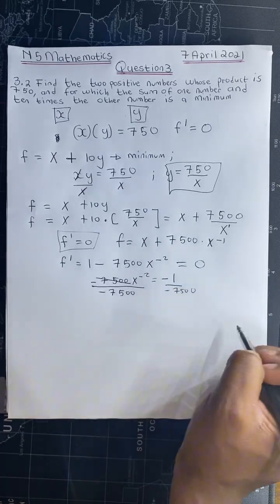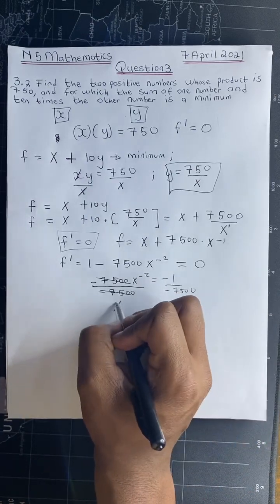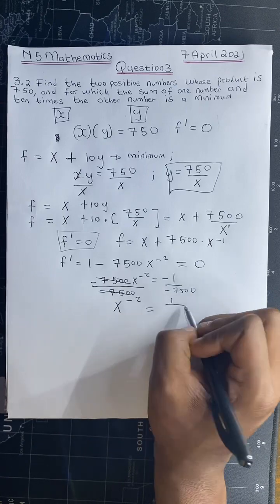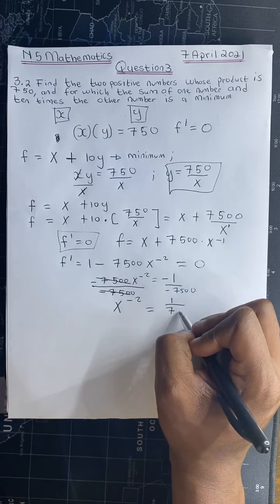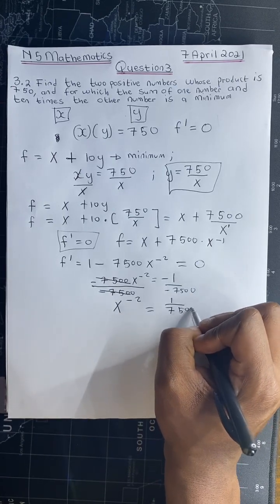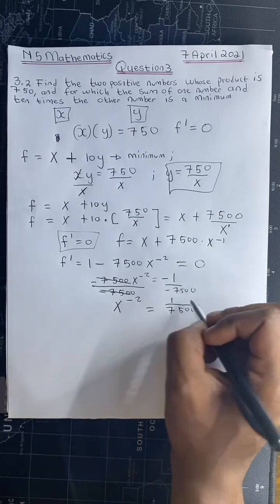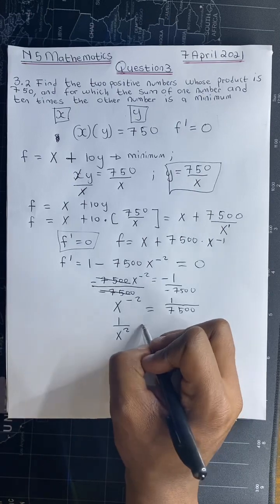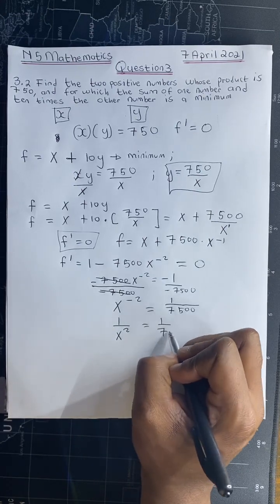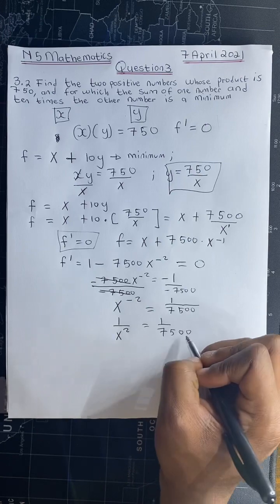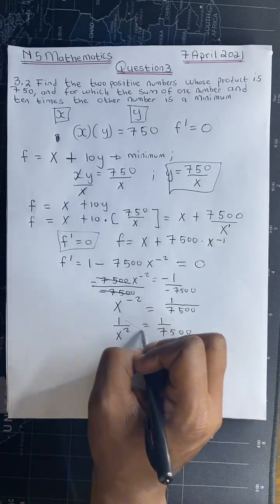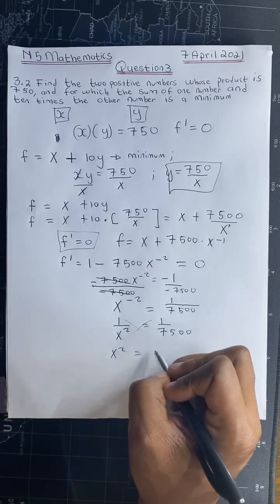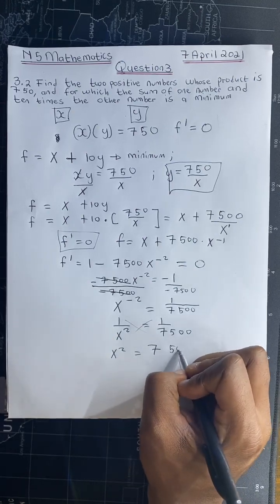So that -7,500 will cancel out with that, so we'll have that x to the power -2 is equal to 1 over 7,500. From here we have to solve for x. We can write this as 1 over x squared, so we cross multiply, so x squared will be equal to 7,500.